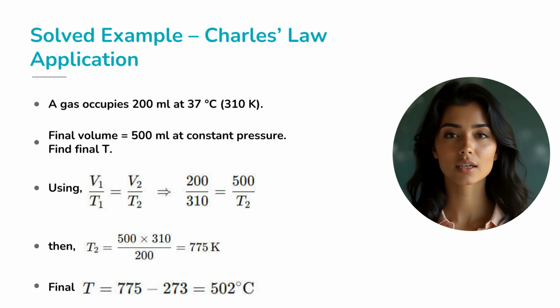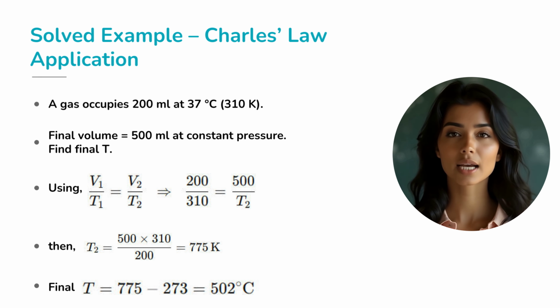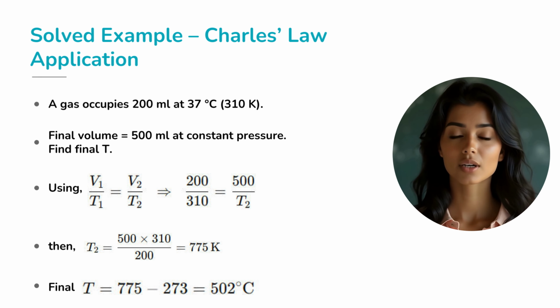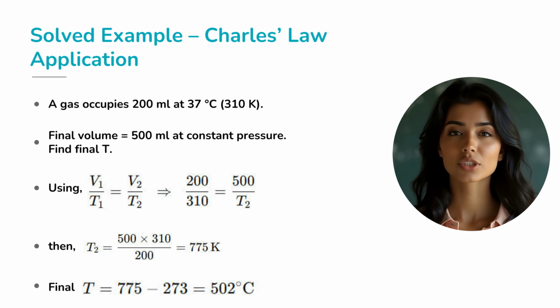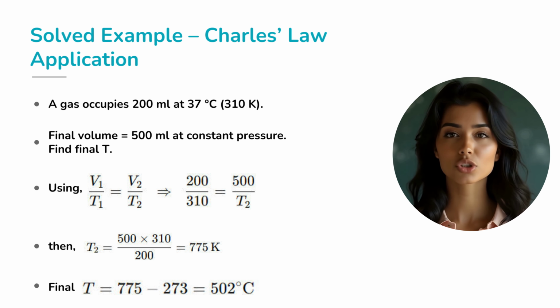Substituting values, 200/310 equals 500/T2. Cross multiply and we get T2 equals 500 times 310 divided by 200. That gives 775 Kelvin. Subtract 273 and you get 502 degrees Celsius. That's the final temperature. See, with the formula and careful unit conversion, the answer falls right into place.